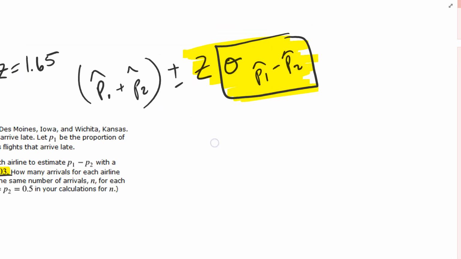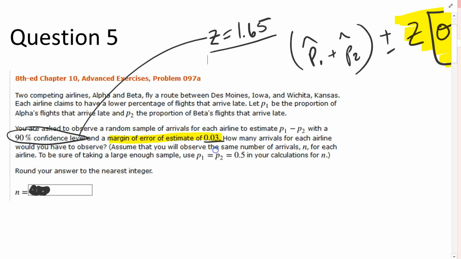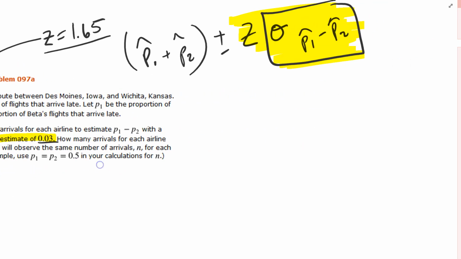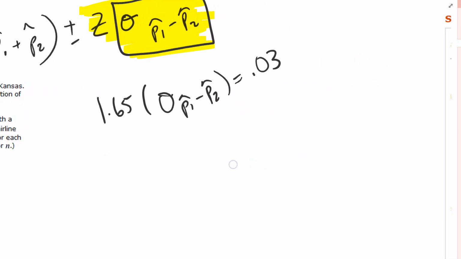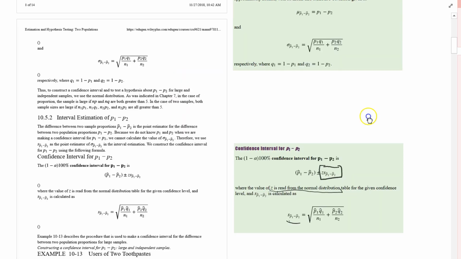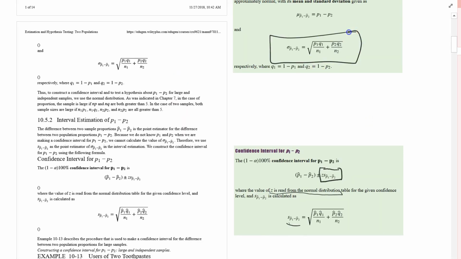So I'm given z, or I've calculated z for a 90% confidence level, so z would be 1.65 times what I'm trying to solve here, which is going to equal 0.03. So going from the book, the formula for this is given here.